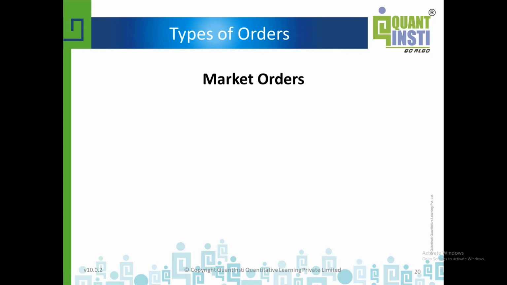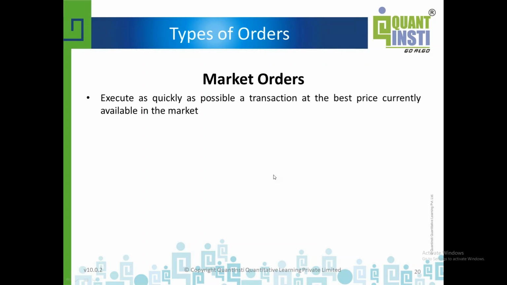So now I'll start with types of orders. Very important. What are market orders? Market orders are orders that will get executed as soon as they hit the exchange, at whatever the best price currently available in the market is.